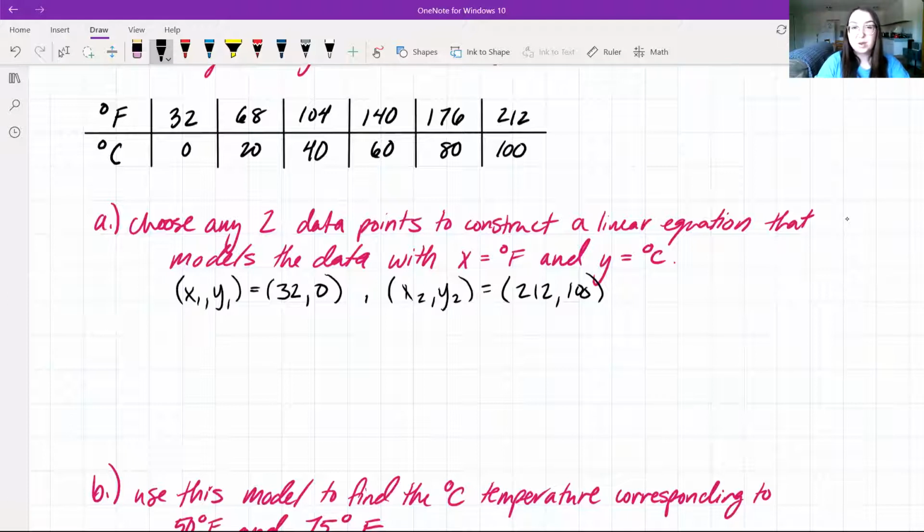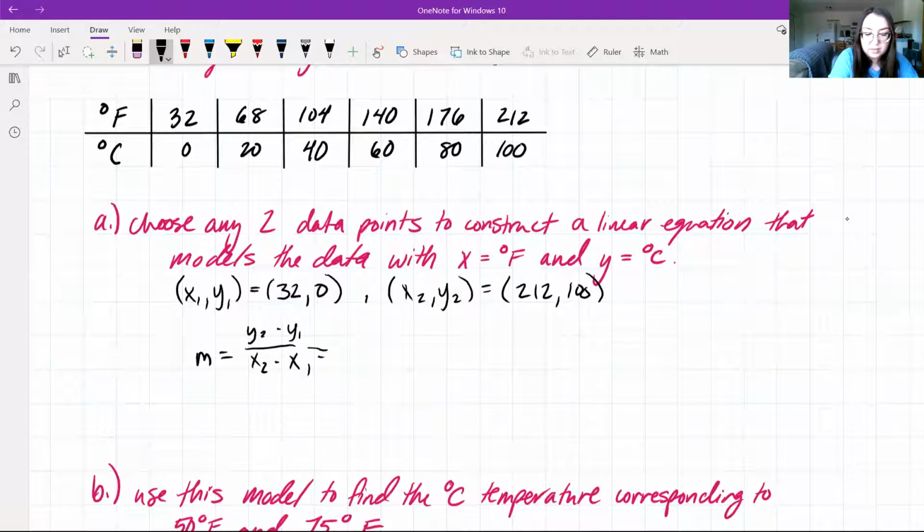Since we want to create our linear equation, and we have two points, the first thing we want to find is our slope. If we remember, our slope is the change in y divided by the change in x, which can also be represented as y2 minus y1 divided by x2 minus x1.